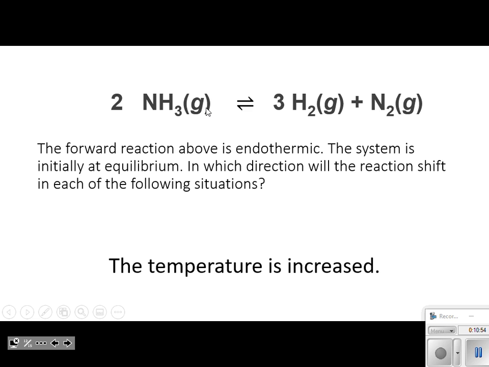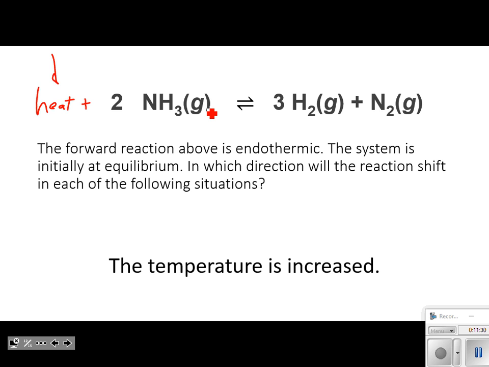Temperature is increased. Remember, where did we say heat was? On the reactant side. So if I increase the temperature, which direction will this reaction be driven? Well, we said heat is here, correct?